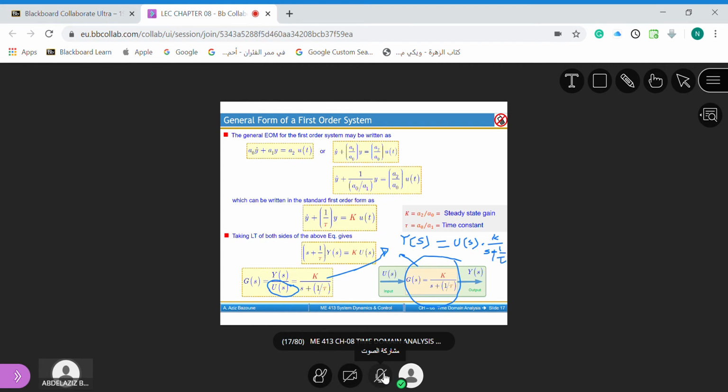Look, Shabab, this is G of S, the transfer function. This is the input and this is the output. Now we know the input, whether it is constant or an impulse or whatever it is.